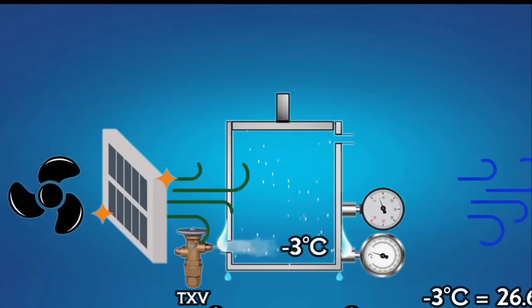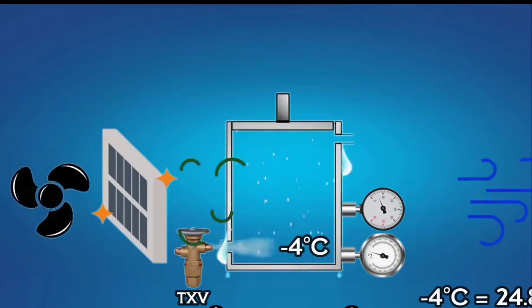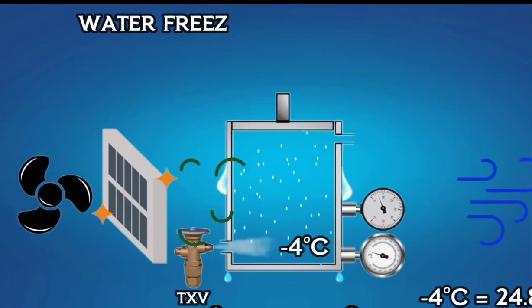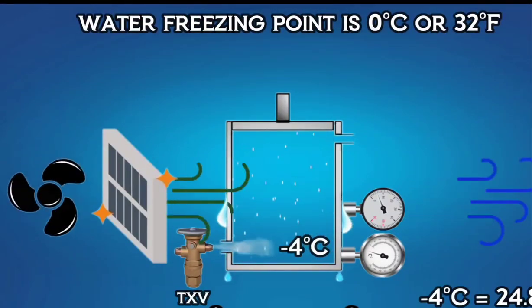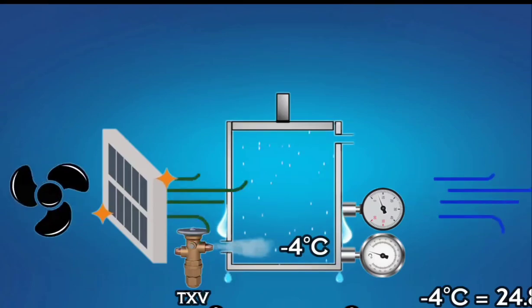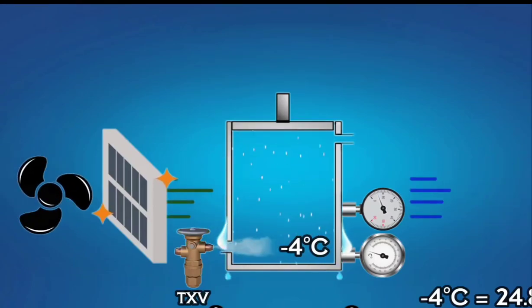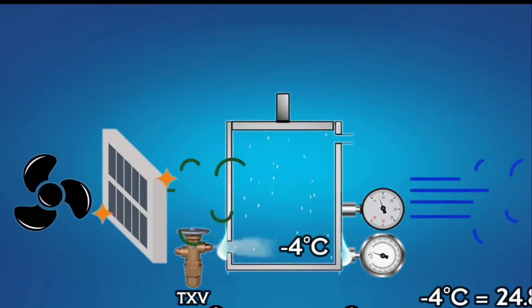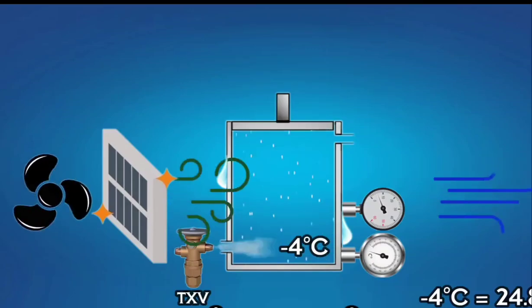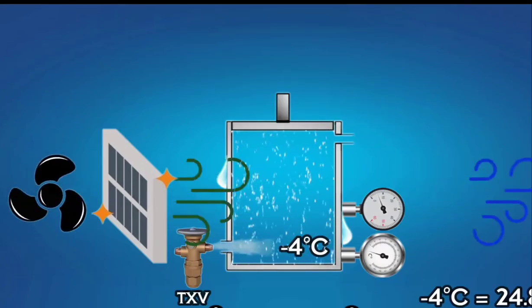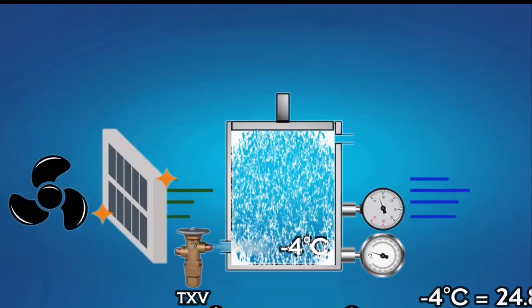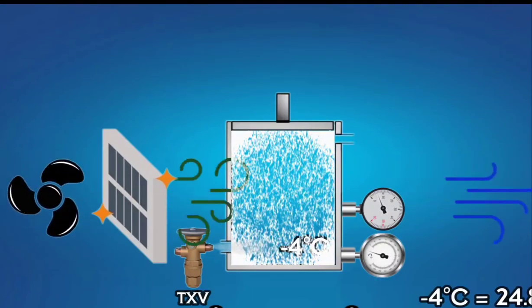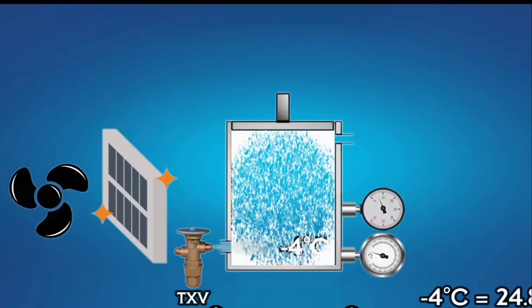Now, the evaporator coil temperature is minus 4 degrees Celsius. The freezing point of water is 0 degrees Celsius. Since the evaporator coil is at minus 4 degrees Celsius, the water from condensation on it freezes. It spreads little by little and freezes all over the evaporator coil. As the frozen evaporator coil becomes blocked, the air cannot pass through, so the temperature of the room increases.